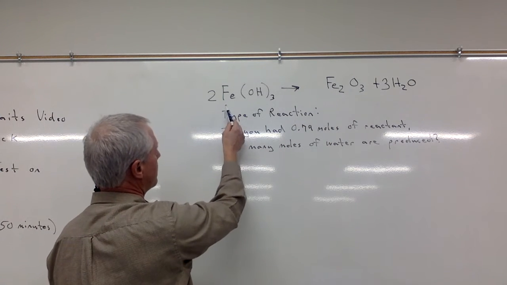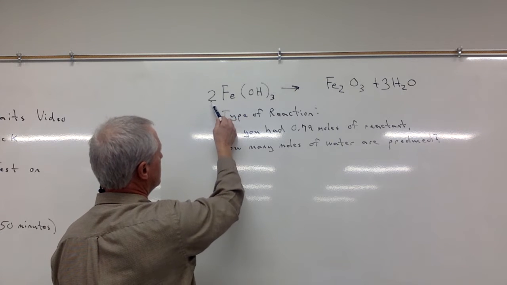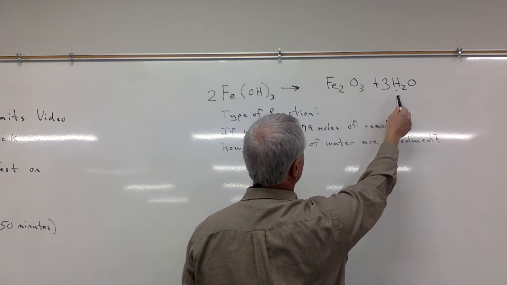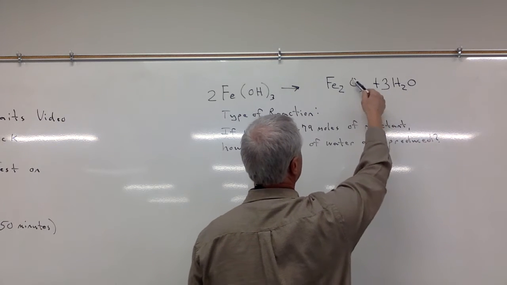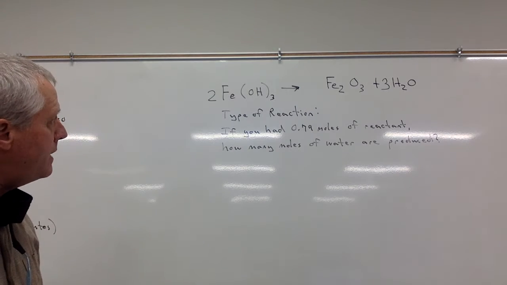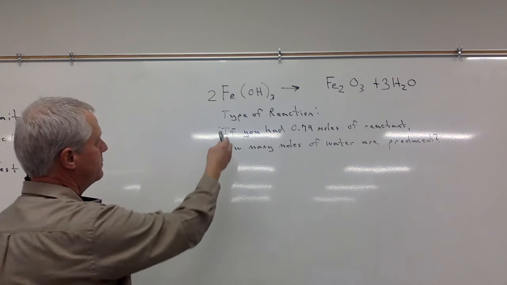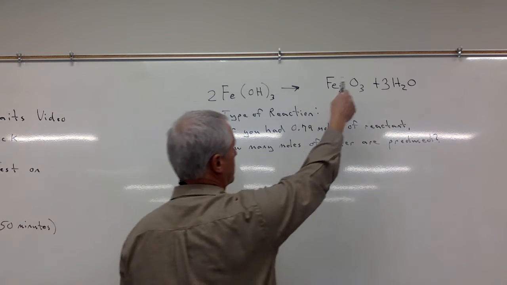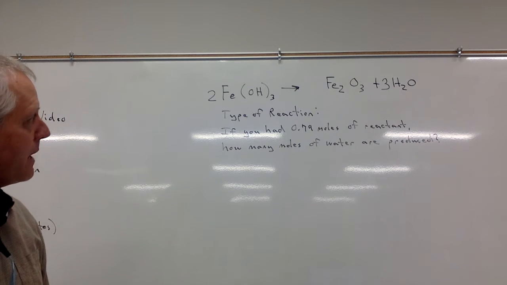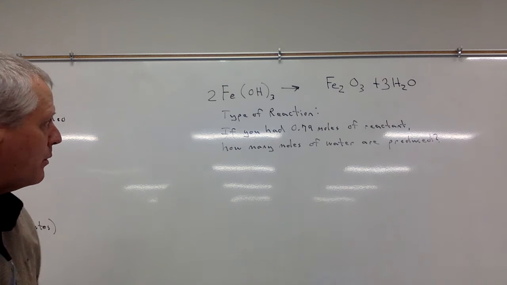If we try that, that's going to give us a total of 6 hydrogens. And if we put a 3 here, that will allow us to have 3 oxygens, which matches up here, and 6 hydrogens. Okay, so that is a balanced equation. So the ratio becomes 2 to 1 to 3. That looks like a nicely balanced equation. So we'll keep going here.